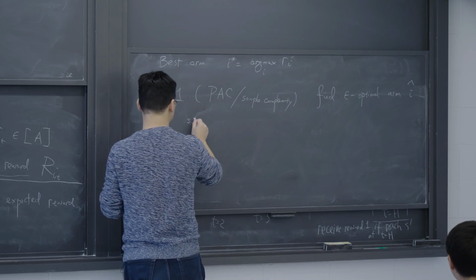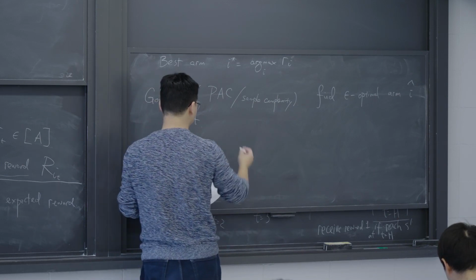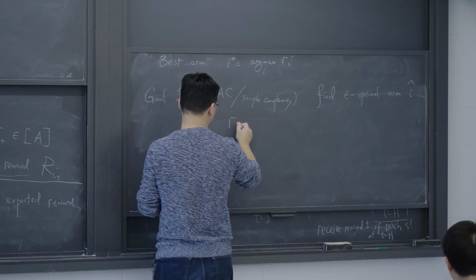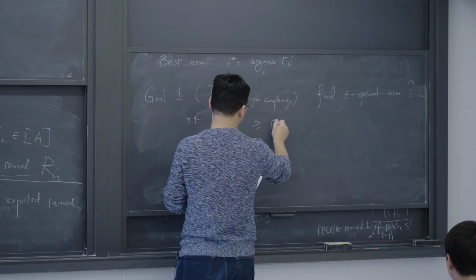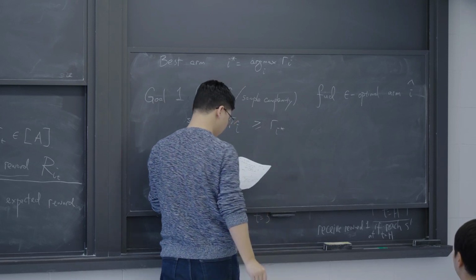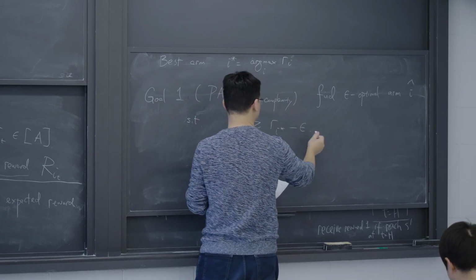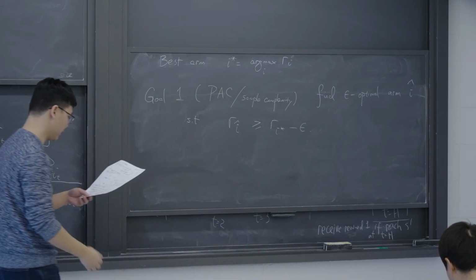By defining the epsilon optimal arm, we say the expected reward of i hat needs to be greater or equal to that of i star, the best arm, subtracted by epsilon. So we at most tolerate some epsilon difference.